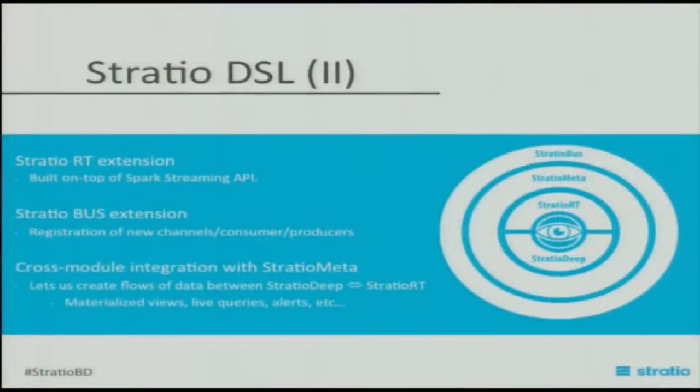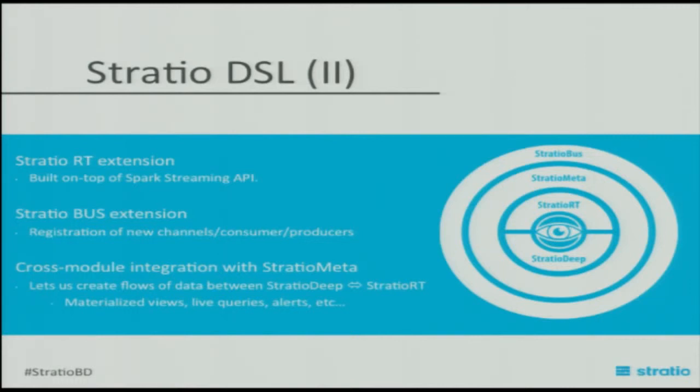For example, our customers can access Stratio real-time features using our language, and the queries will be translated to Spark streaming APIs. Or maybe they could command the Stratio bus, which, as Alvaro said, is the main glue between the modules of our platform, and its main abstractions are channels, consumers, and producers.